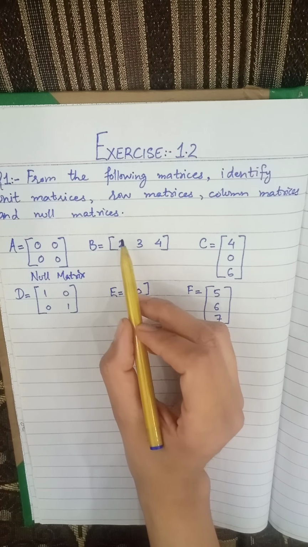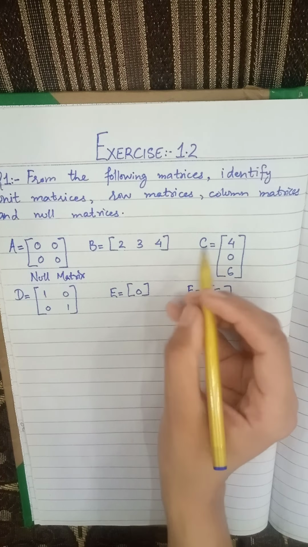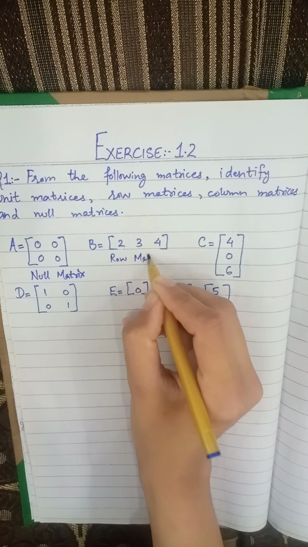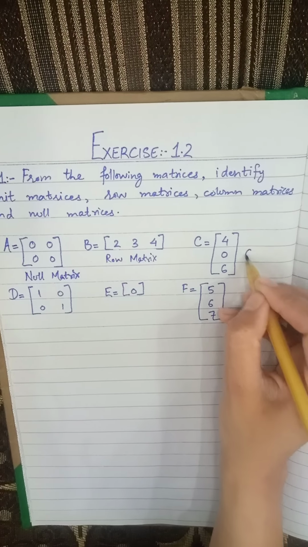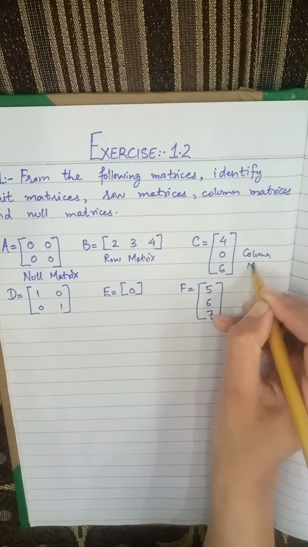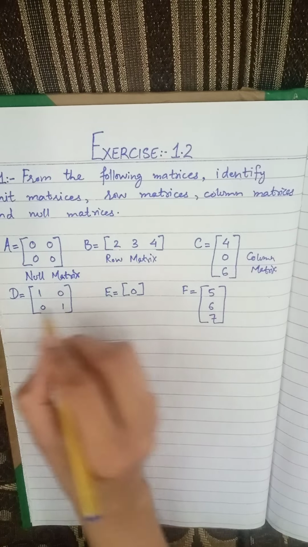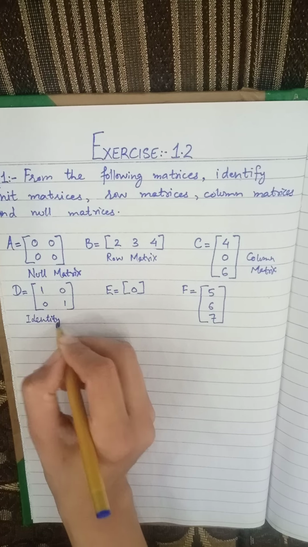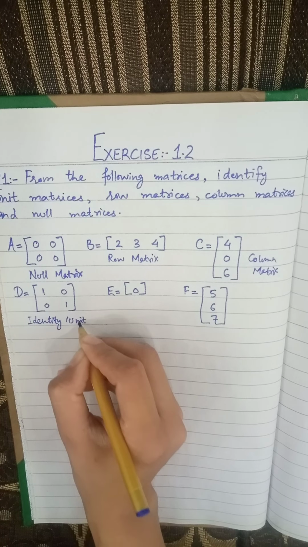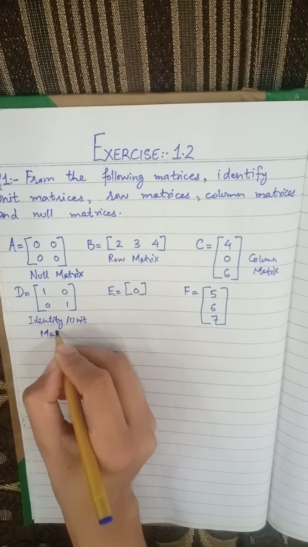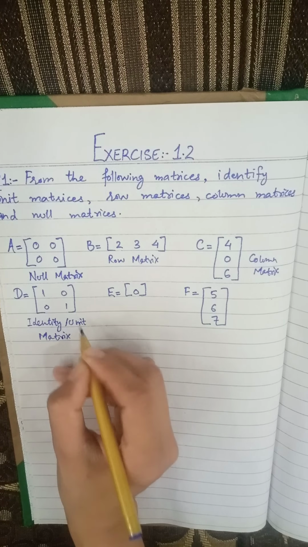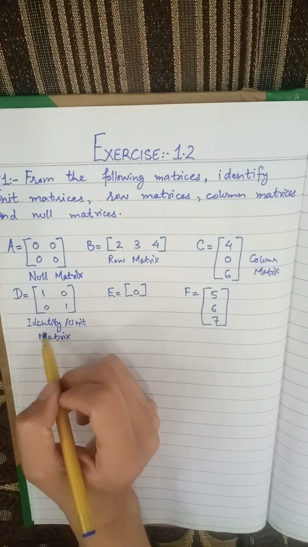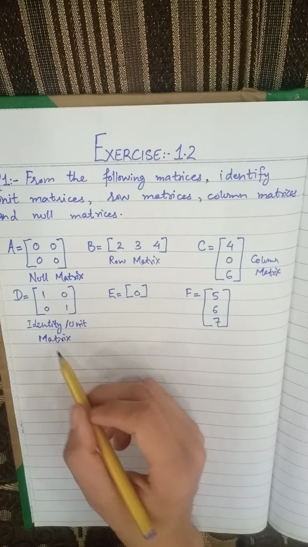The second one has only one row, so it's a row matrix. The third one is a column matrix. The fourth one is identity, or we can say unit matrix, because all of the entries are 0 except the diagonal, and the diagonal has 1. So it's an identity matrix or unit matrix.